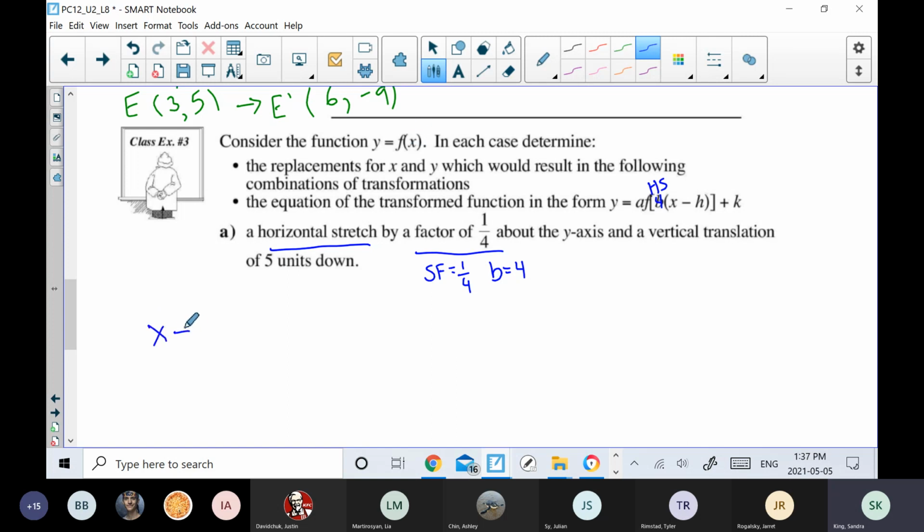So the replacement is X is replaced with 4X. So they're not giving me a formula. I find it easier when they don't give you a formula. You'll always get a formula though on the diploma or on your tests. So that is the original. Take this out and plug in a 4X. So F of 4X.